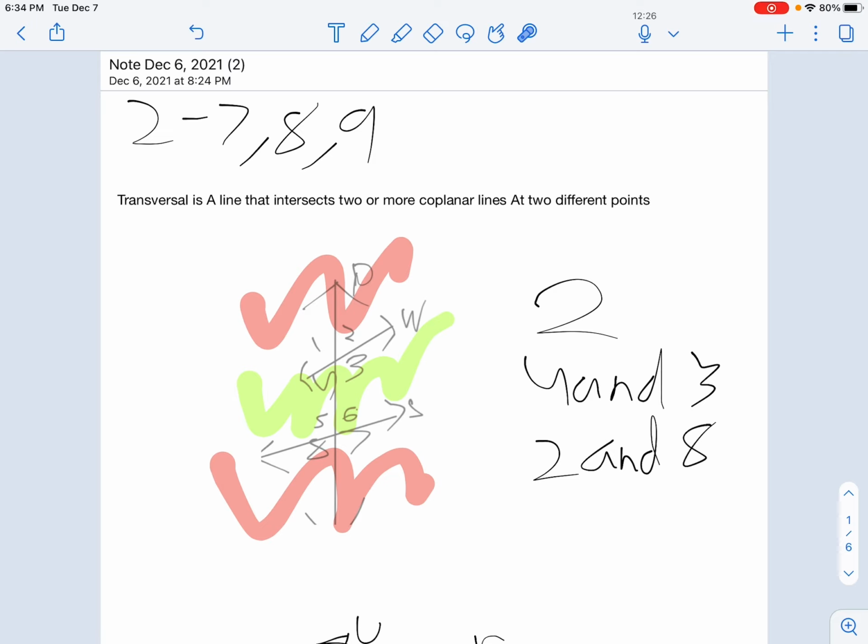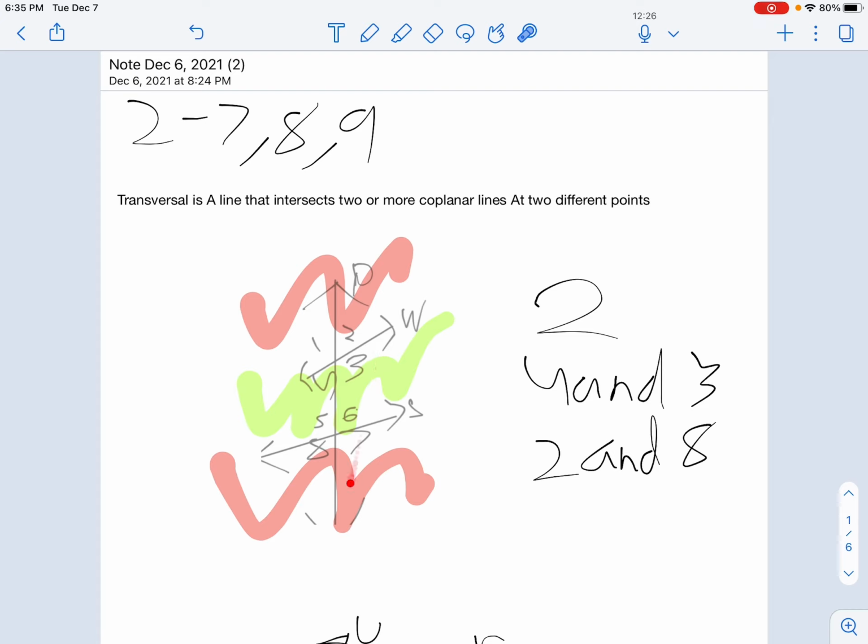And now the last angles we have are called corresponding angles. These angles lie on the transversal P, and they are on the same side of lines W and S. So our corresponding angles would be 1 and 5, 4 and 8, 2 and 6, 3 and 7.